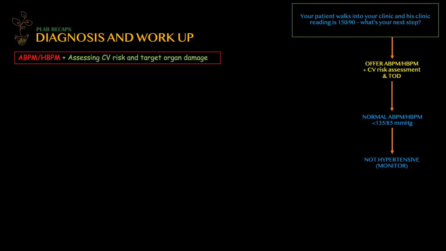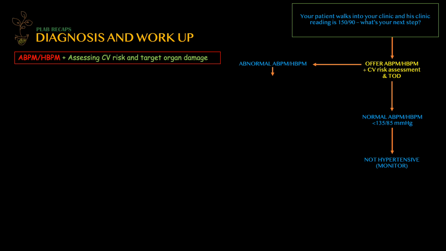However, if the results from the ambulatory or home blood pressure monitoring were normal, but more on the upper limit of normal, then you can increase the frequency of blood pressure checks for the patient.